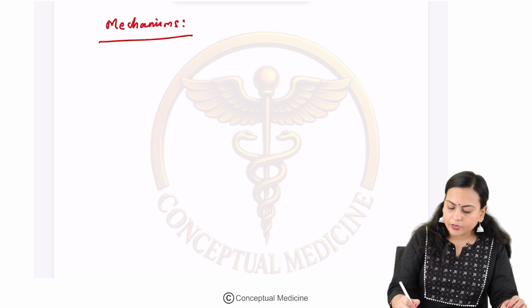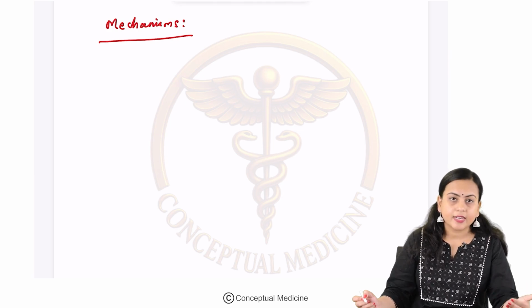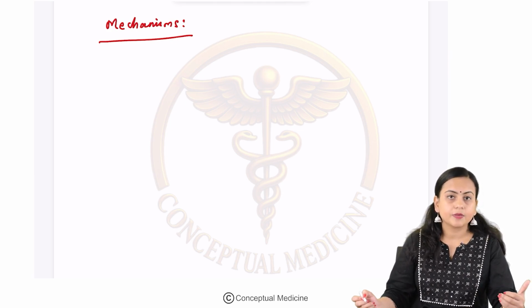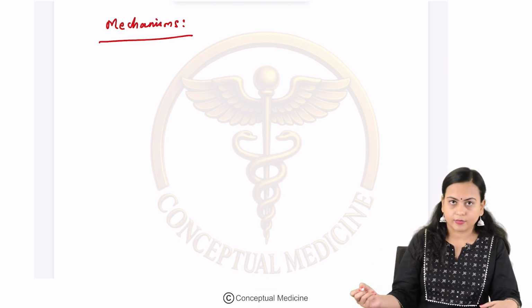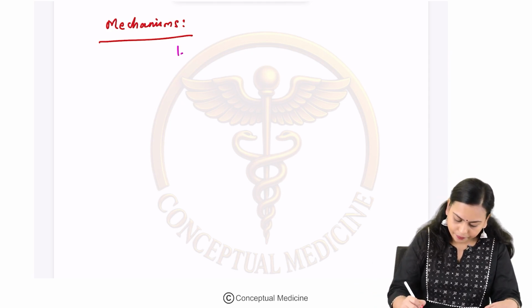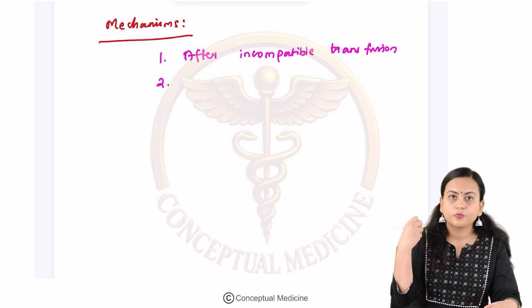I told you about fetal-maternal hemorrhage, but not only during fetal-maternal hemorrhage; if any incompatible blood transfusion has been given to the mother previously, that can also lead to sensitization of the immune system, right? So, either after incompatible transfusion or fetal-maternal hemorrhage.